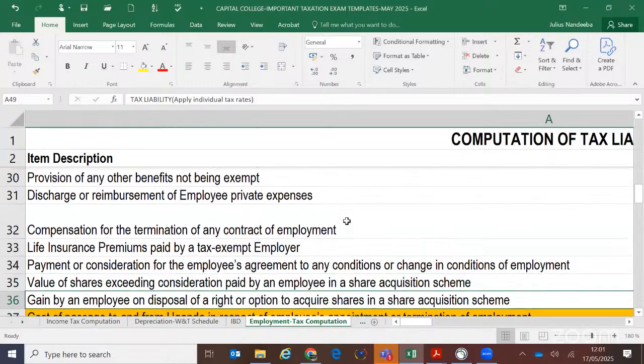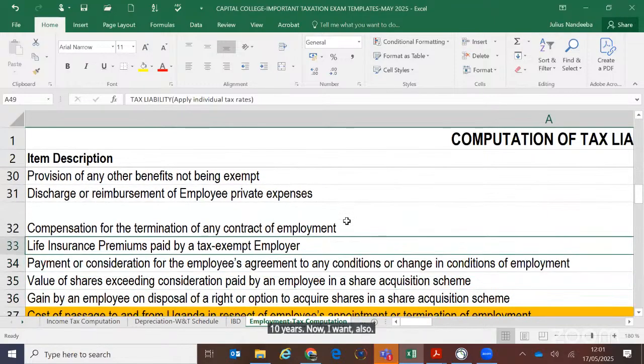Now, I want to also cheat for you in exams. There is this item called life insurance premiums. When you're doing a question on employment, and the first statement the examiner says is, this entity is tax exempt. For example, you have a company, like some of the NGOs, some of the charitable organizations, when they have got their tax exemption certificates, they become tax exempt.